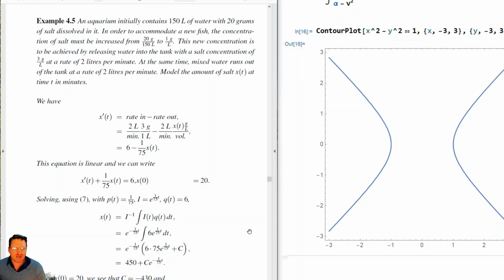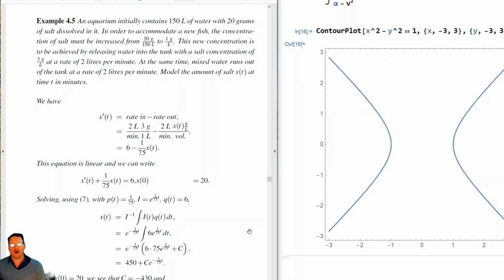This new concentration is to be achieved by releasing water into the tank with a salt concentration of 3 grams per liter at a rate of 2 liters per minute. At the same time, mixed water runs out of the tank at a rate of 2 liters per minute. Our task is to model the amount of salt, x of t, at time t in minutes.